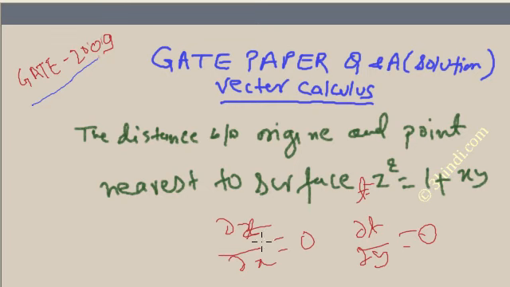If you differentiate with respect to x, you get y equal to 0, and with respect to y, you get x equal to 0. So x and y are 0, so from the origin at point (0,0), the distance is 1, so the answer is 1.